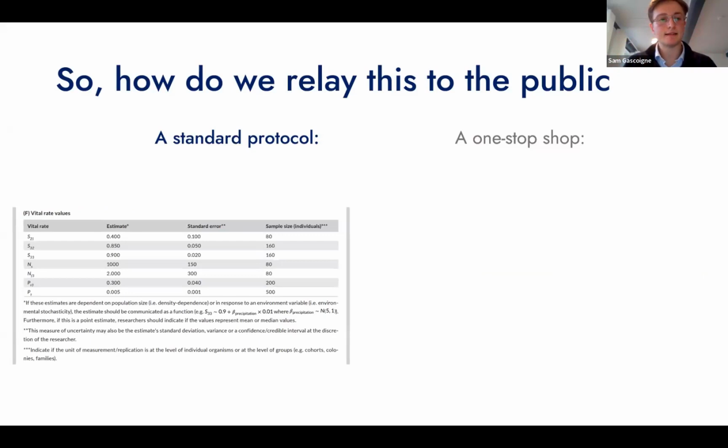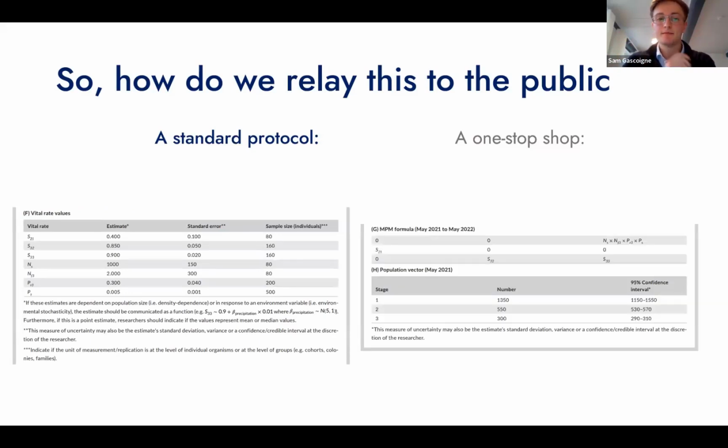And last but not least, within the standard protocol we also recommend that you communicate the vital rate values, so the actual values that you calculate, along with standard errors and the sample sizes you used to calculate them. Also the matrix formula, so not just the values in the matrix, but the underlying vital rates used to construct them.